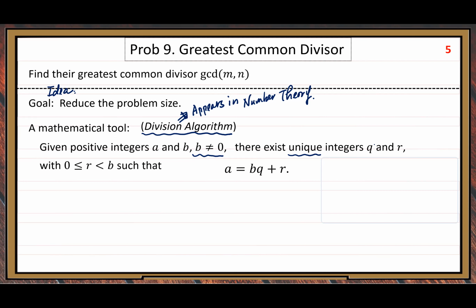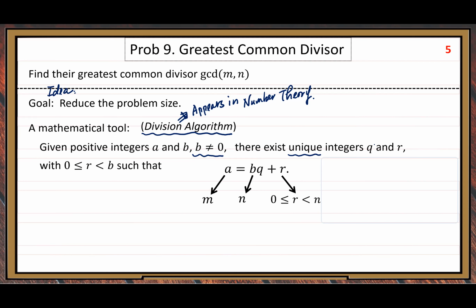In number theory, this division algorithm is extremely useful. Many advanced theorems are developed from this division algorithm. Here, to find the greatest common divisor, we need to use this tool. How to do it?